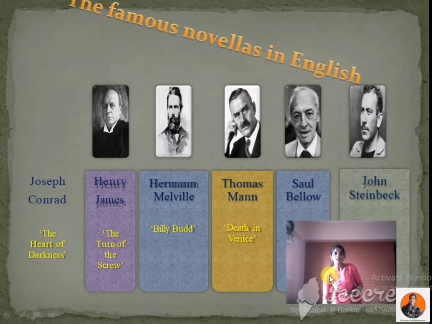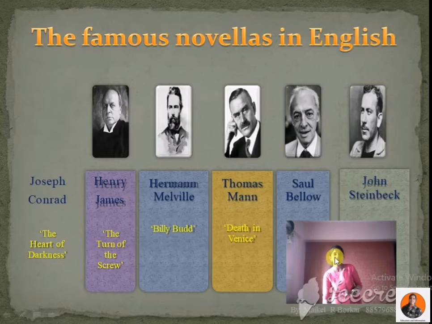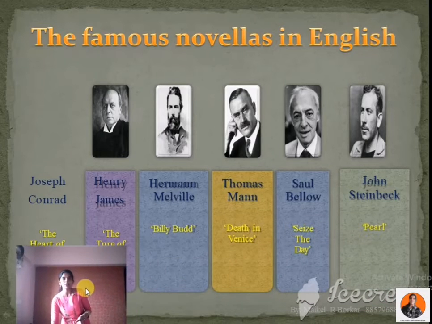And these are the famous novellas in English: Joseph Conrad, The Heart of Darkness; Henry James, The Turn of the Screw; Herman Melville's Billy Budd; Thomas Mann's Death in Venice; Saul Bellow, Seize the Day; John Steinbeck, The Pearl.